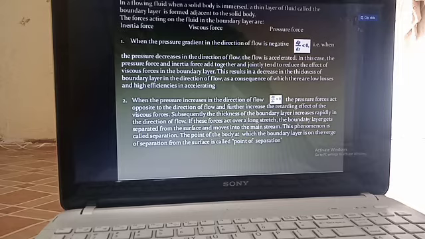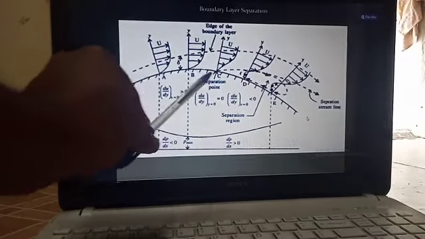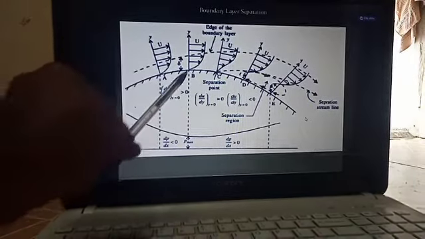Subsequently, the thickness of the boundary layer increases rapidly in the direction of the flow.